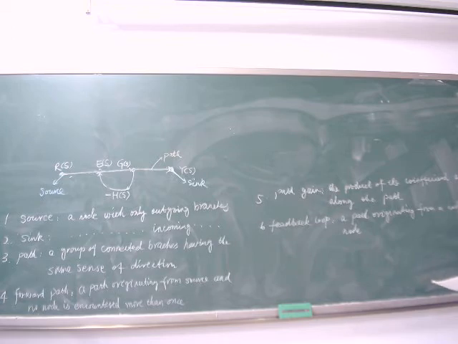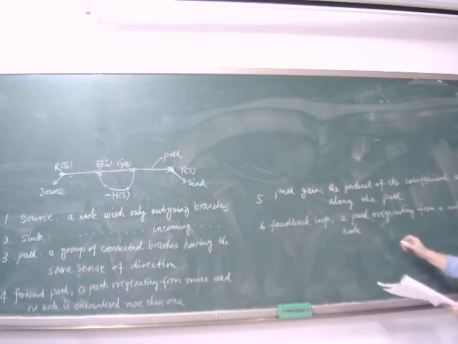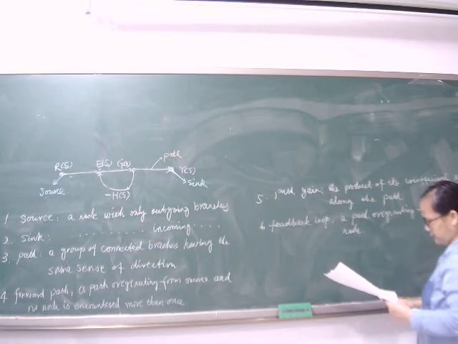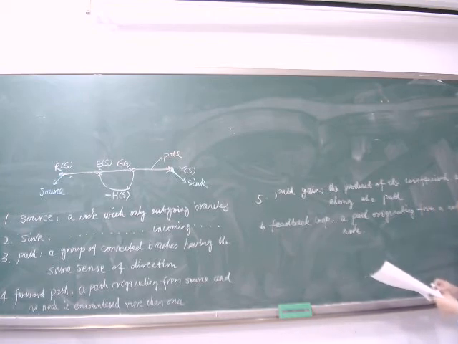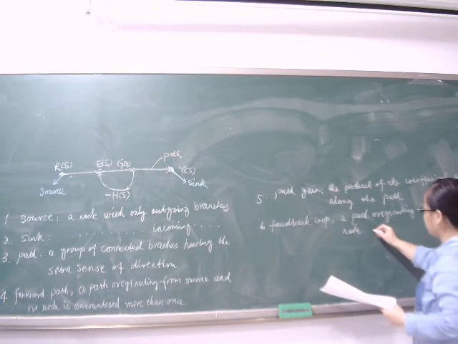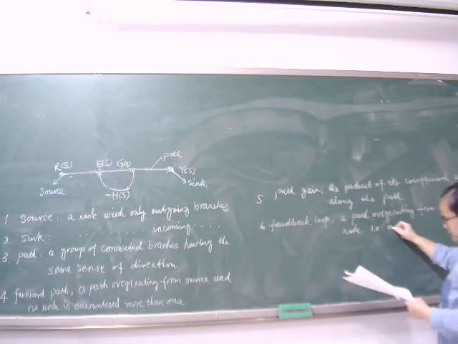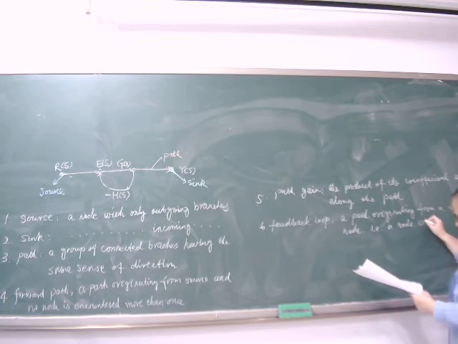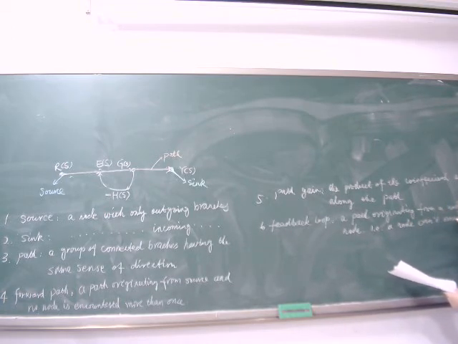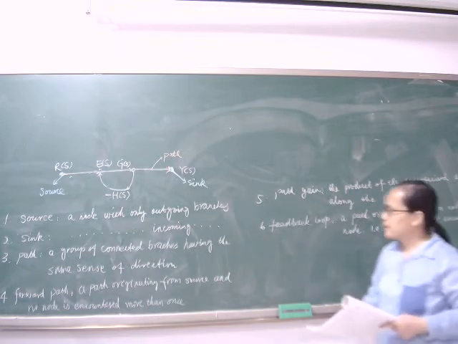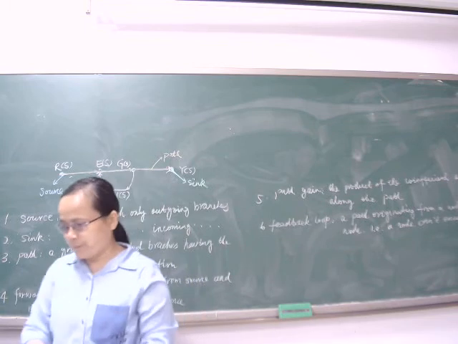This means a node can be encountered more than once. This is a feedback loop.